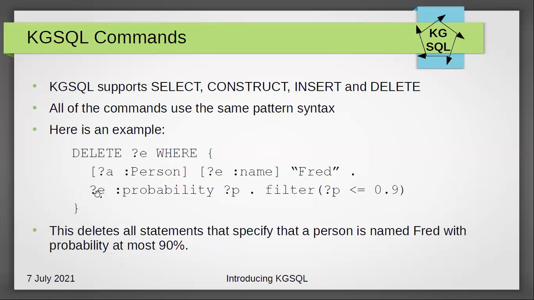And these patterns have in common a variable that represents the identifier of this first statement. This statement then has a property, namely the probability. And you can also specify constraints. So in this case, what we're doing is deleting all statements that specify that a person is named Fred with probability at most 90%.